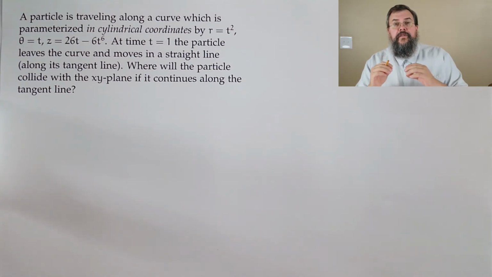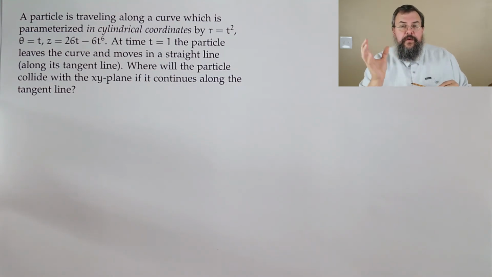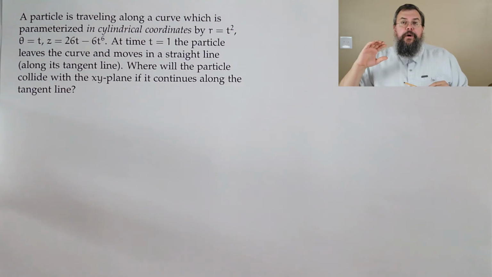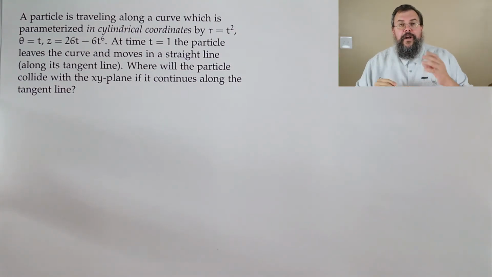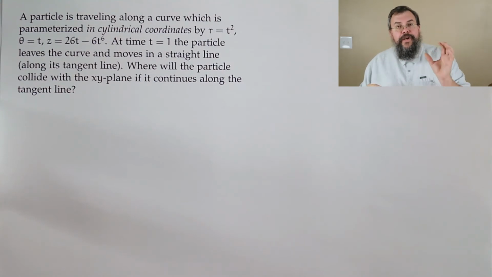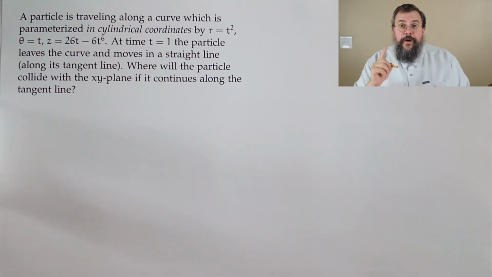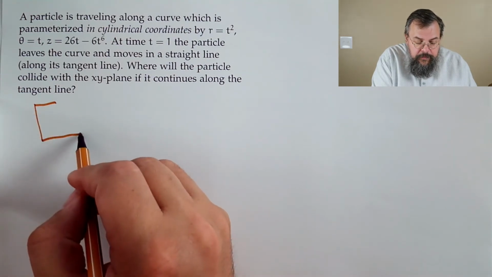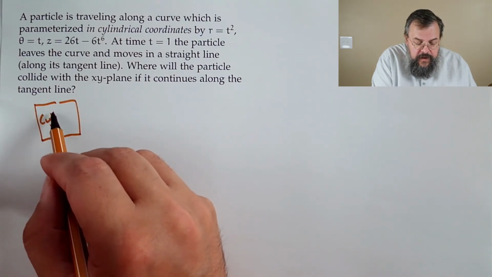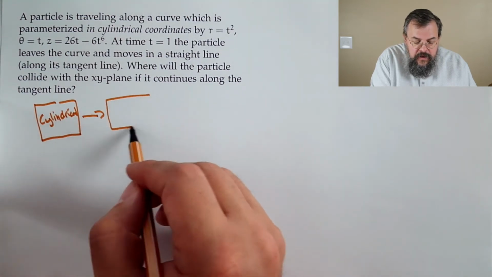Cylindrical coordinates are great for things which are nice and symmetrical around the z-axis, but they're not really set up for straight, flat things, whereas Cartesian coordinates are built off of straight, flat things. So we want to make our change. Our first step is to go from cylindrical and do it into Cartesian.